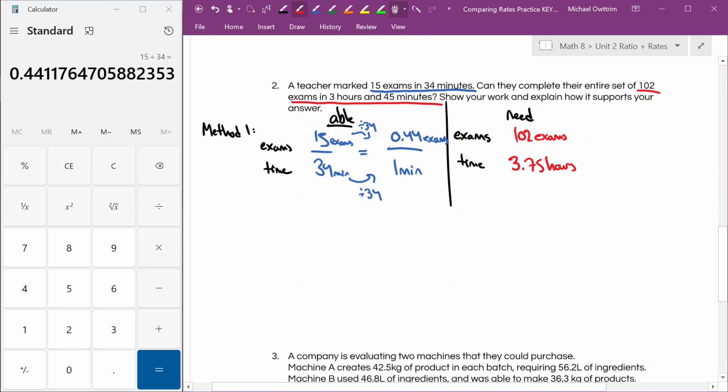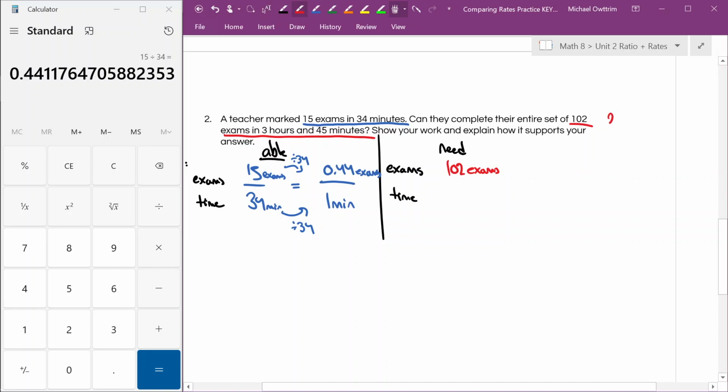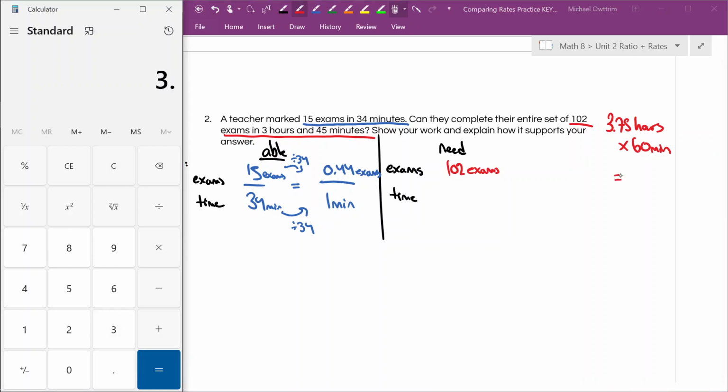Now, we'd actually want to not use hours here since we used minutes over here. So let's go ahead and take our 3.75 hours, and we'll times our 60 minutes per hour. And that's going to give us our number of minutes. So 225 minutes.